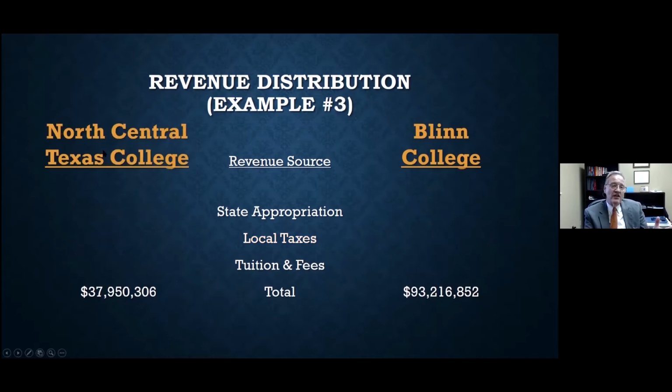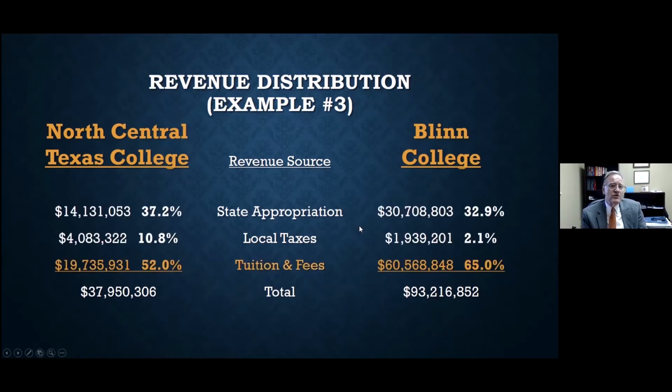And then let's take one last example. My current college, North Central Texas College, is about a third or two... I guess Blinn College is about 2.5 to 3 times the size of North Central Texas College. Again, they look to be quite different, right? Well, from revenue sources, they are quite similar in that well over 50% of their revenue comes from tuition and fees.